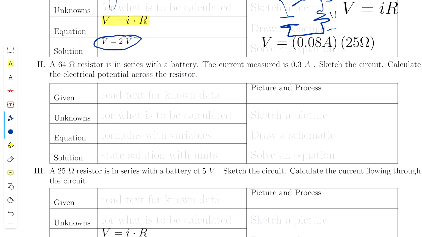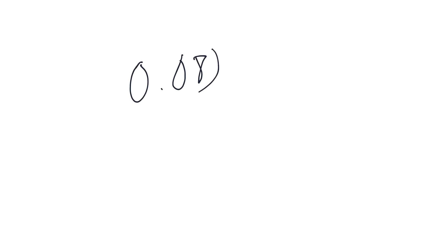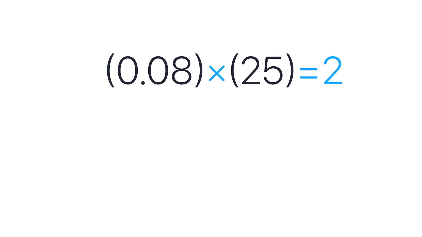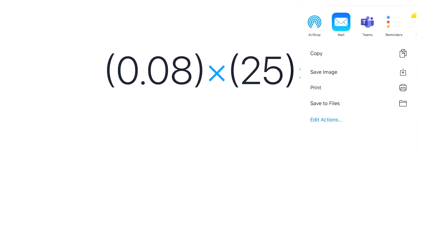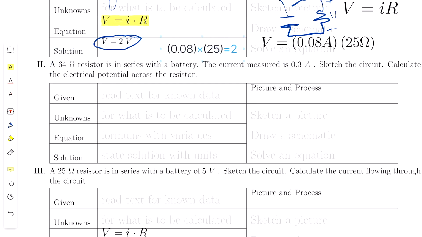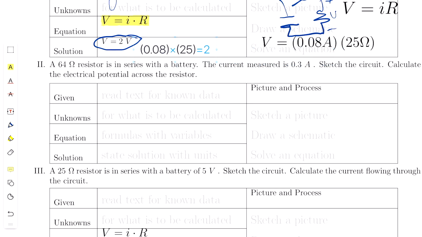So 0.08 times 25 is 2 volts. So if you take 0.08 and you multiply by 25, you get 2 volts. As you can see, amps times ohms is volts. 2 volts.